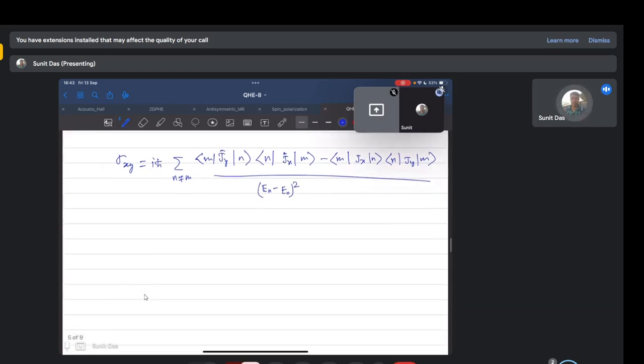Okay, so now this can also be written similar to the Berry curvature form.